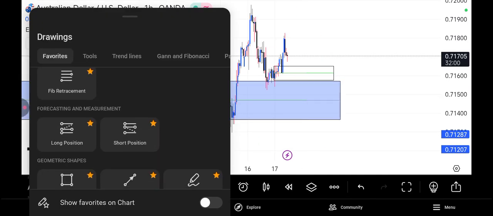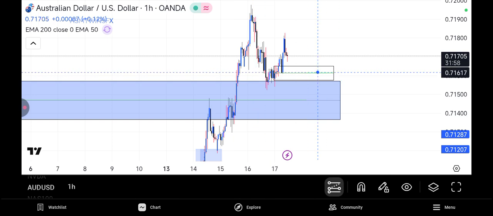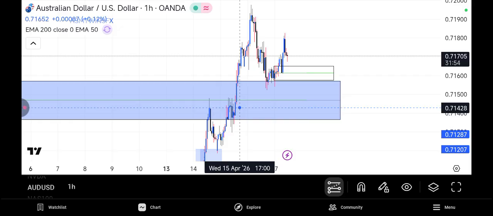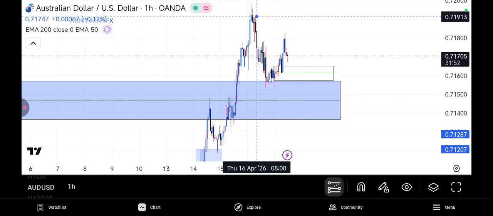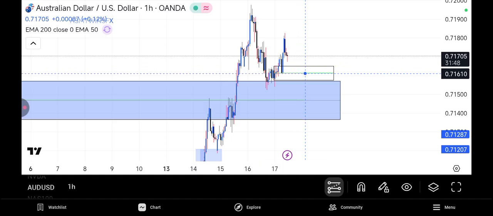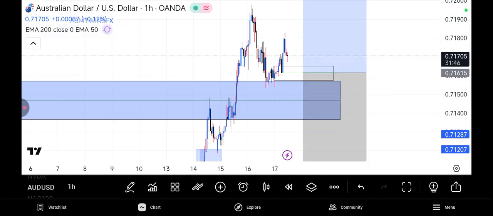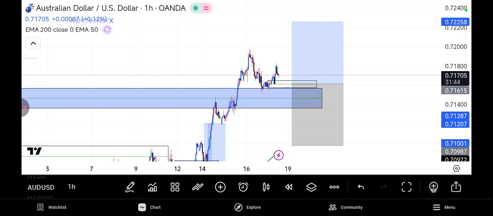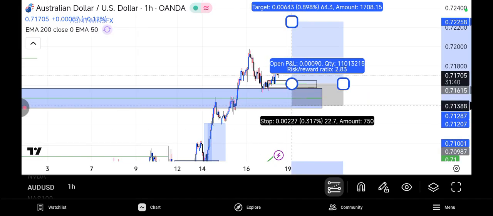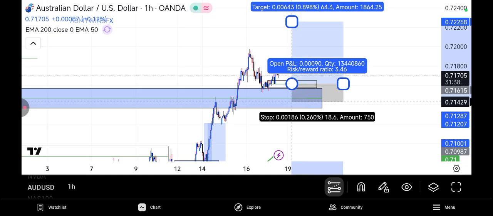Because price has made a very nice push up respecting this flip zone. Price broke above it with multiple candles, which makes it a very confirmed break, or a well respected flip zone.